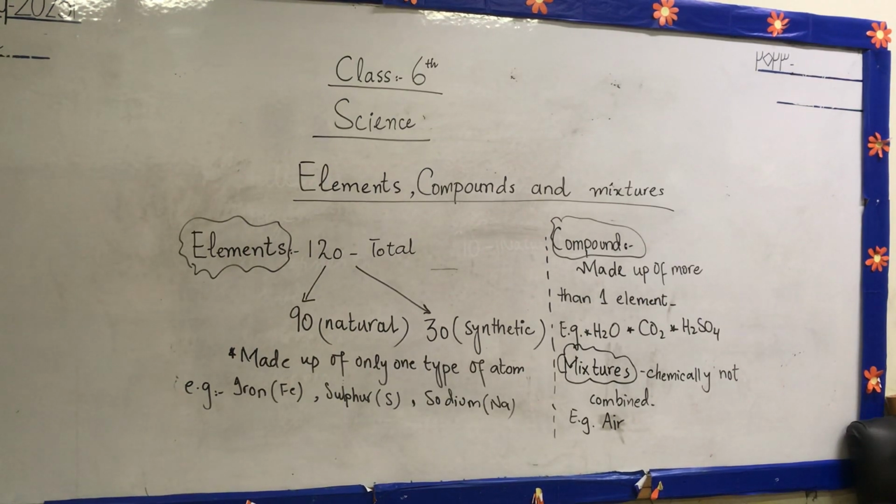So you can see that all these compounds have a very important role in our life. We cannot think of survival without H2O. You are continuously exhaling carbon dioxide, that is CO2. And then we have sulfuric acid, H2SO4. Hydrogen, sulfur and oxygen come together, they combine and sulfuric acid is formed.